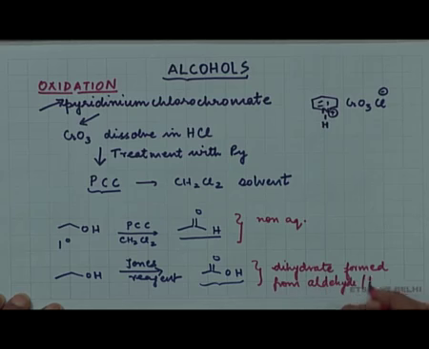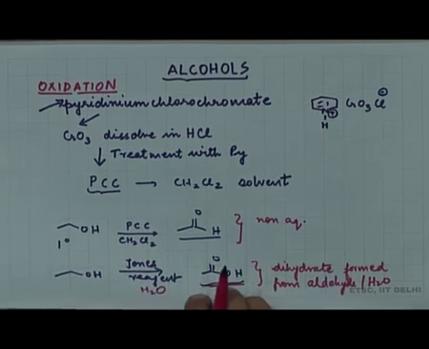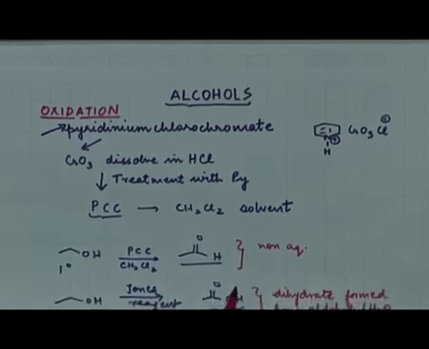In the presence of water, this is what was happening and this is what was leading to the further reaction. Since this is taking place under non-aqueous conditions, we are able to regulate the reaction and stop it at the aldehyde stage. So, this is one important reason why pyridinium chlorochromate is used in specific conditions.